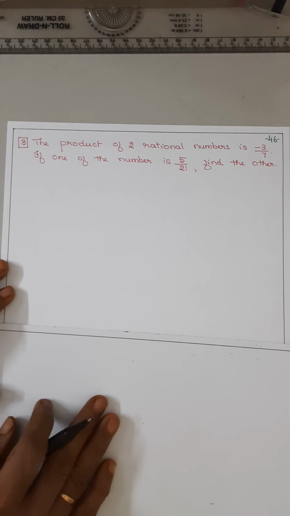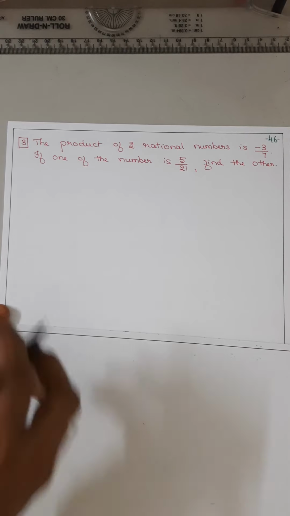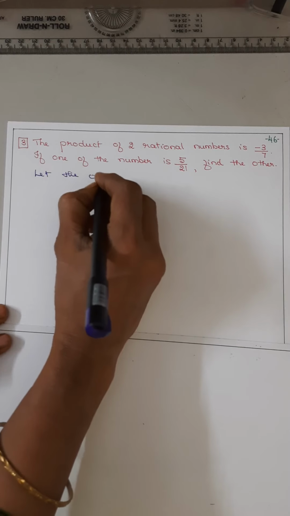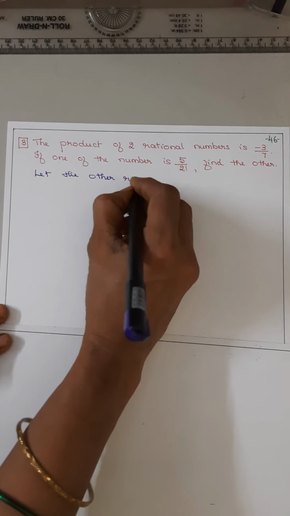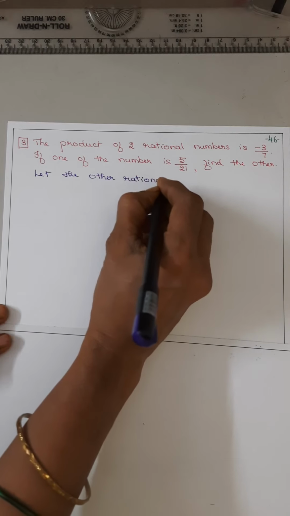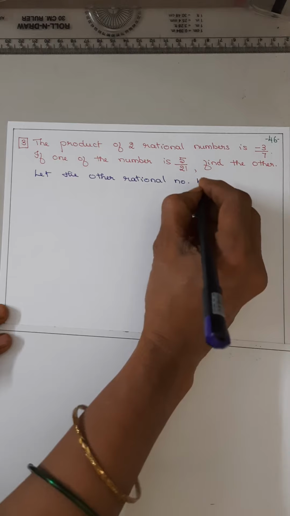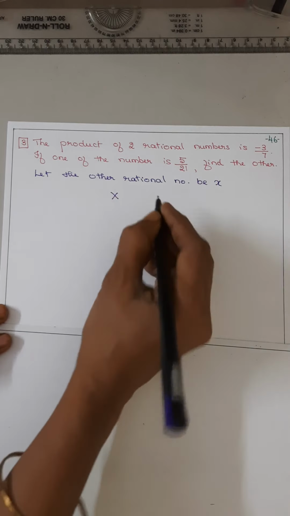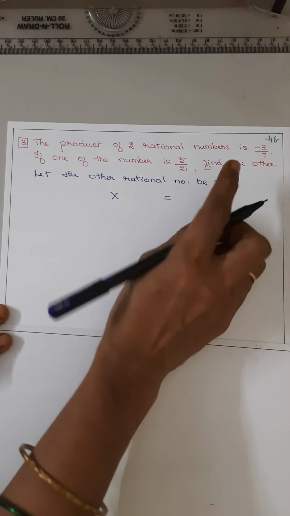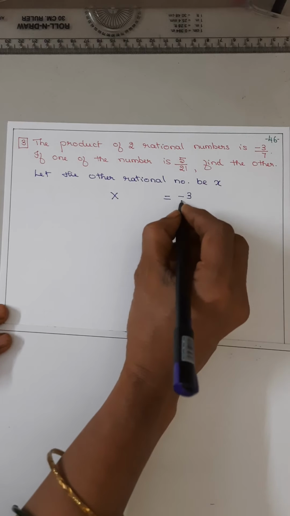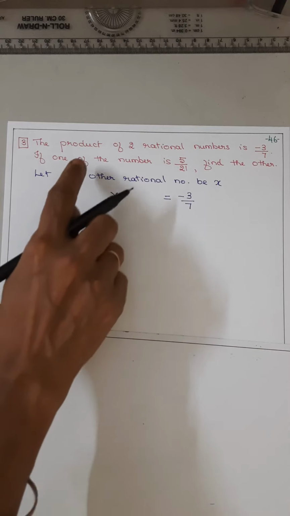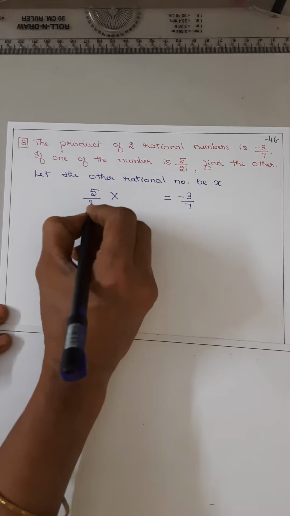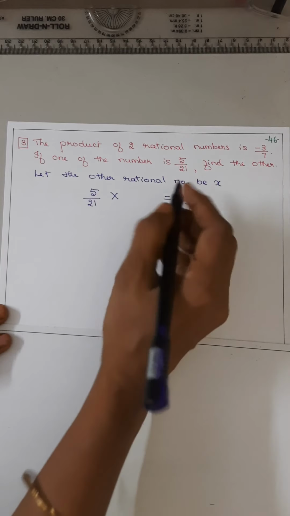Already we have done this type of sum in the example. So let the other rational number be x.